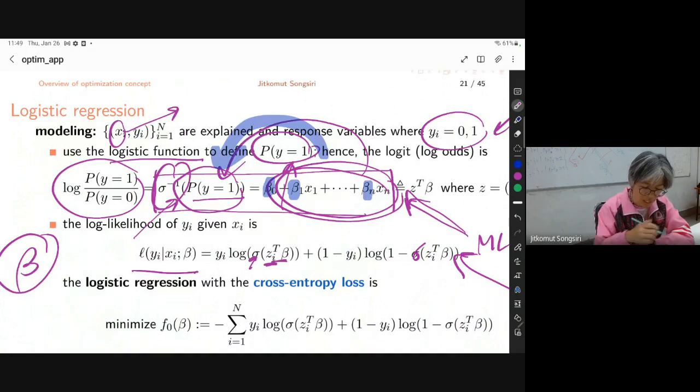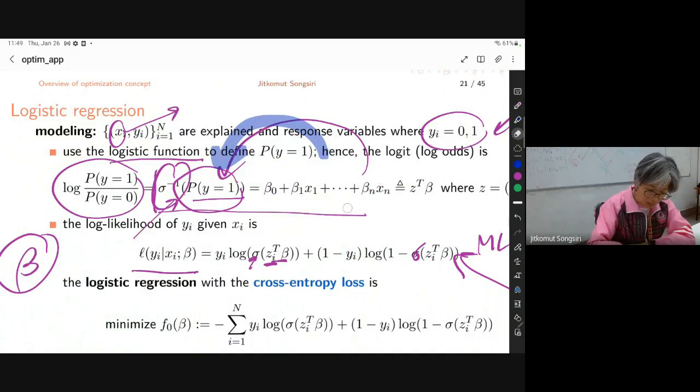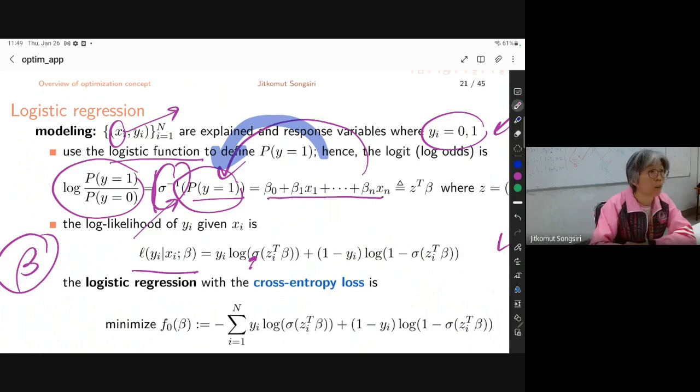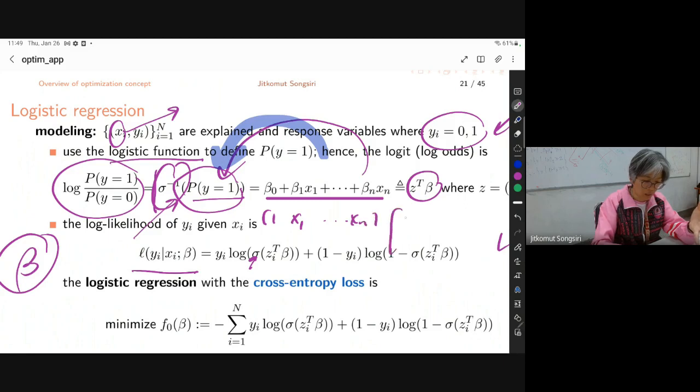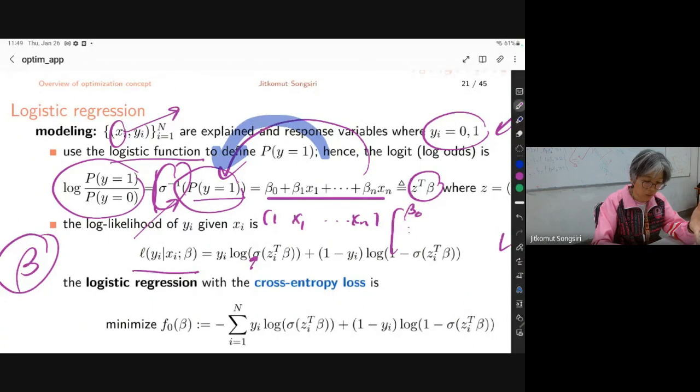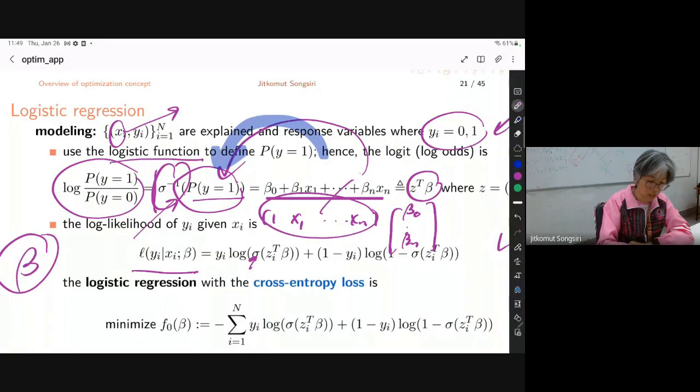Now what is my z? Because of this summation of xi, I use the compact vector form, like 1, x1, ..., xn inner product with beta 0 to beta n. So my z is just this vector. Think of z as coming from data.